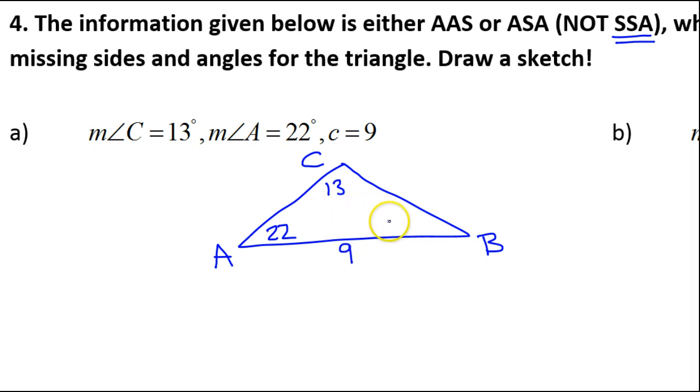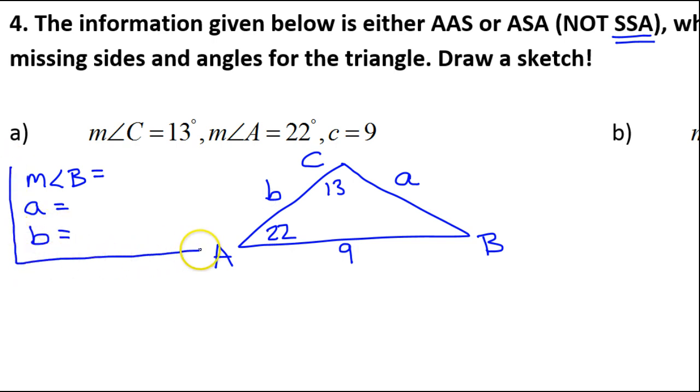All right, we need to solve this triangle. So the things that are missing, we're missing angle B, so we're going to have to find the measure of angle B. We are missing side A, so we're going to need to find side A. And we're missing side B. So these are the three quantities we will need to find in order to solve this triangle.